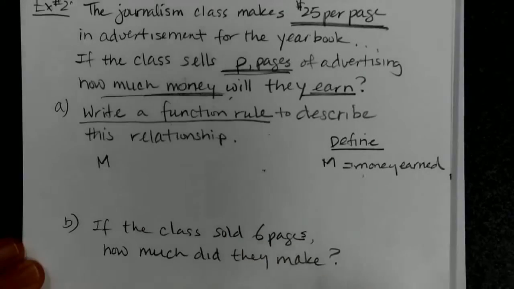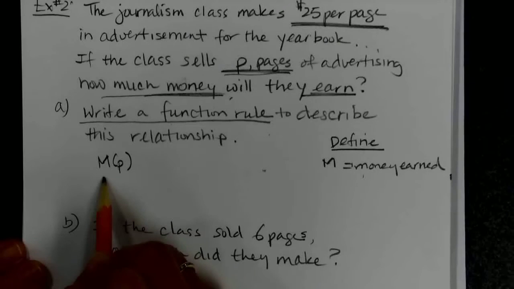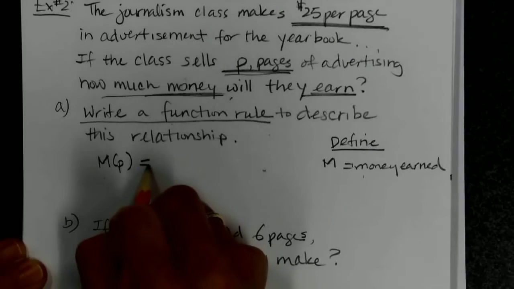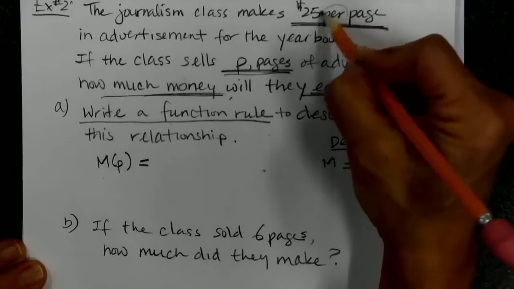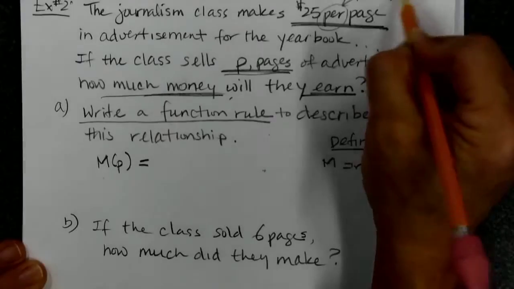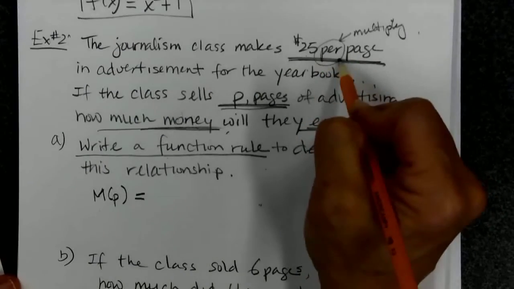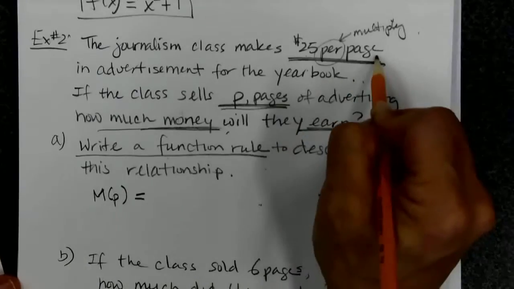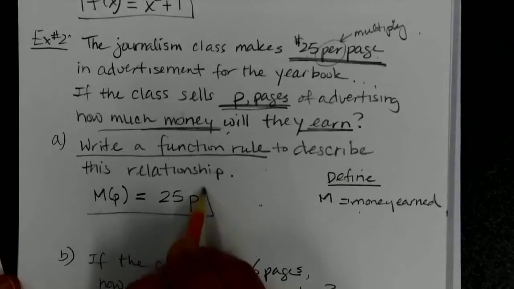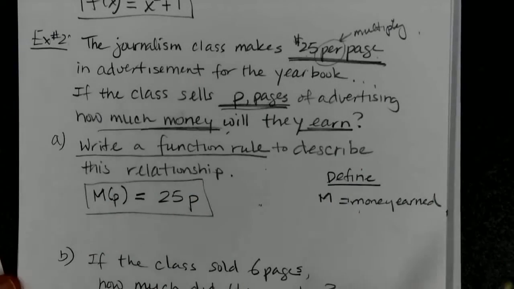So to figure out how much money I earn from selling P pages, that means the function M, which stands for money, depends on the number of pages, is equal to, and remember the key term, the word per means to multiply. So we are going to multiply $25 by the number of pages, which is P, so it's 25P. And this is the function rule to represent this situation.